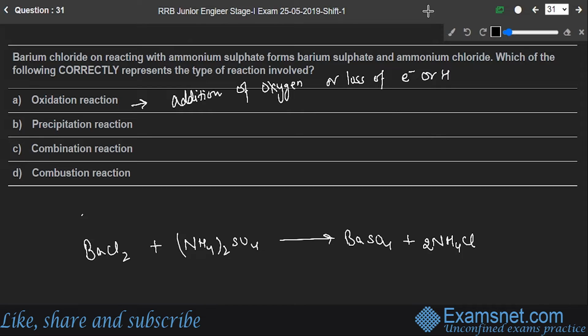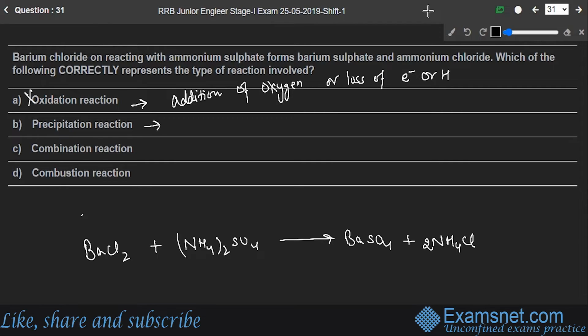So now let's look at the reaction over here. In this one, there is no addition of oxygen or loss of electron or anything like that. So this is not an oxidation reaction. Let's go with the precipitation. What do we mean by the precipitation reaction?